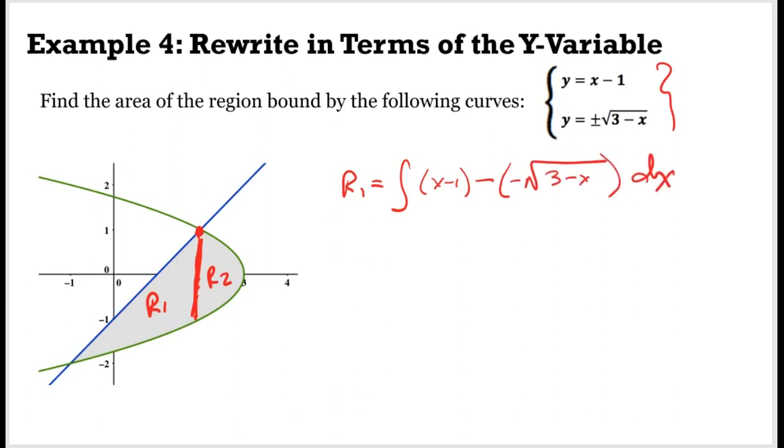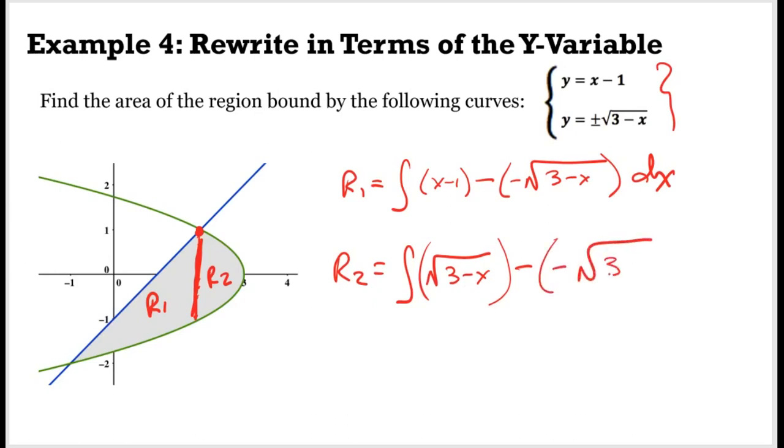So we have our region 1 integral, we're just missing the bounds. Region 2 is the integral of the positive square root of 3 minus x, for the top of the rectangle, minus the bottom of the rectangle, which is negative square root of 3 minus x dx. So our integrals and the functions are set up.